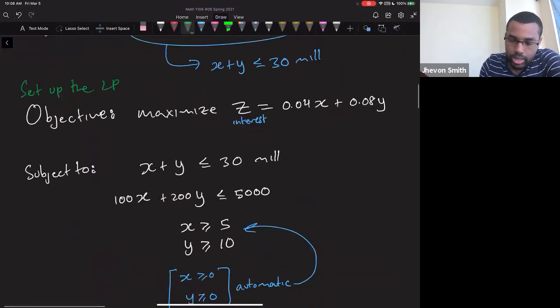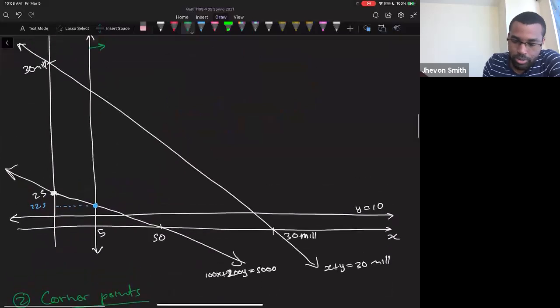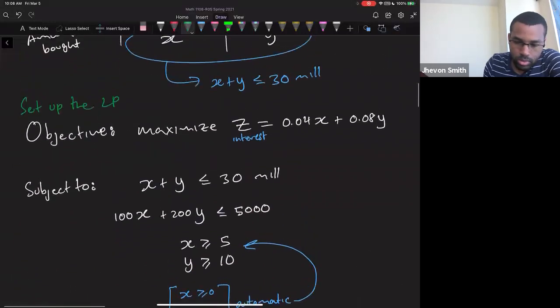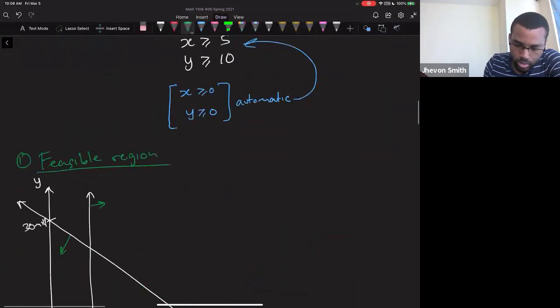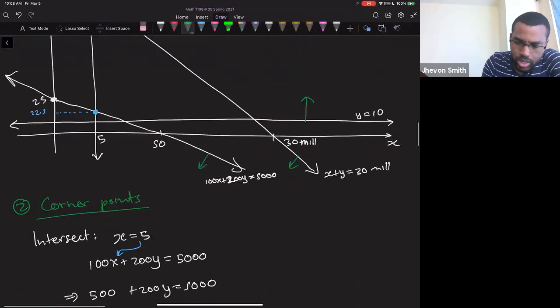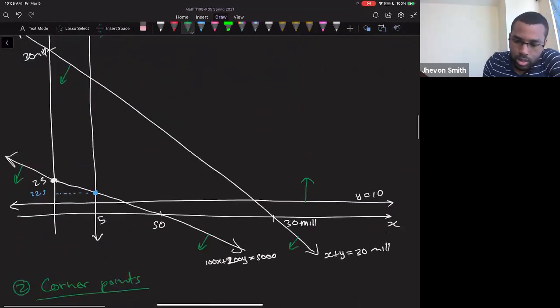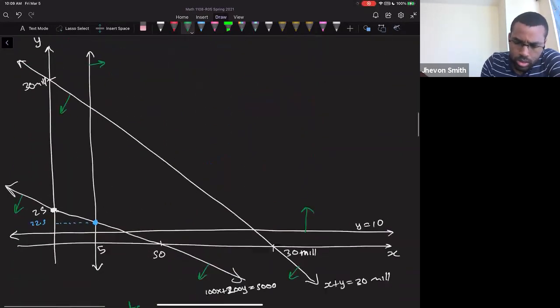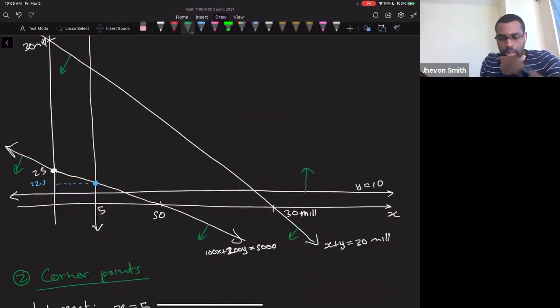Yes, x plus y is less than 30 mil, so we definitely want to be below this guy. We want to be to the right of that. We want to be above this. We also want to be below this guy. Okay, so what is satisfied by everyone? Looks like this triangle right here.